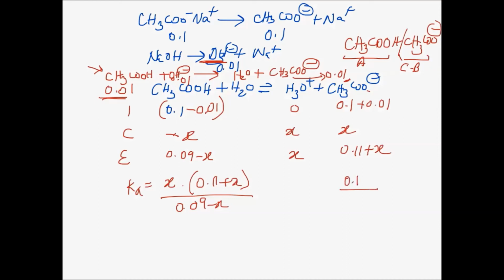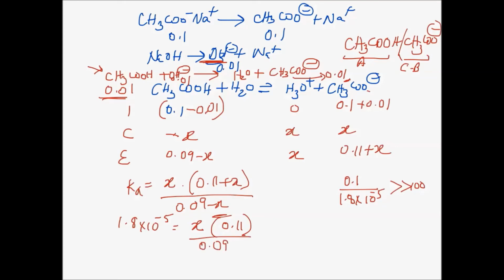The Ka value is 1.7 or 1.8 times 10 to the negative fifth, which is way more than 100 times smaller. The approximation is valid, so you can neglect the value of x, and you can rewrite this as 1.8 times 10 to the negative fifth is equal to x times 0.11 divided by 0.09.